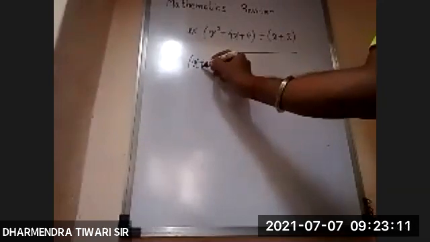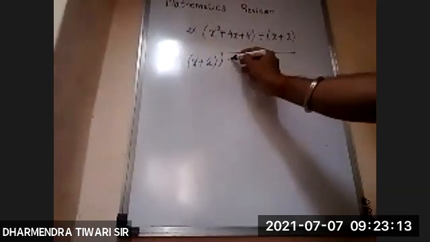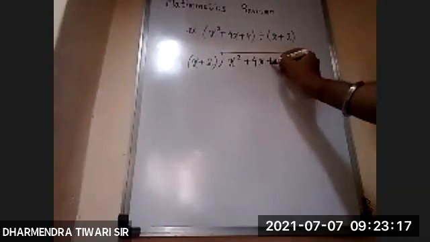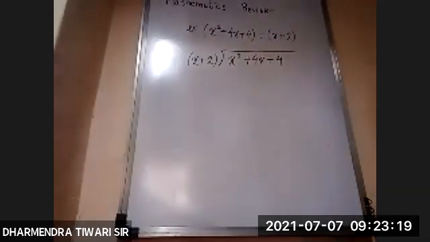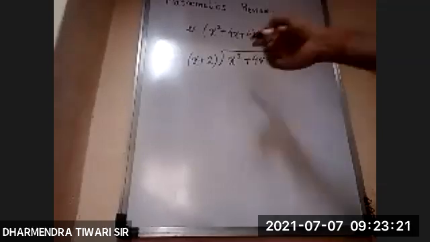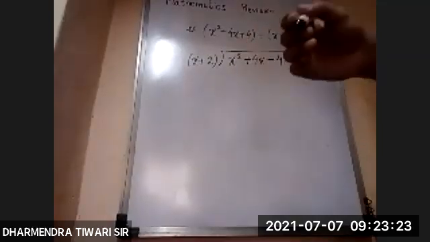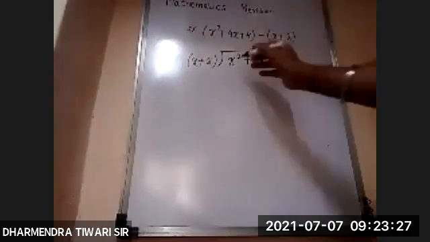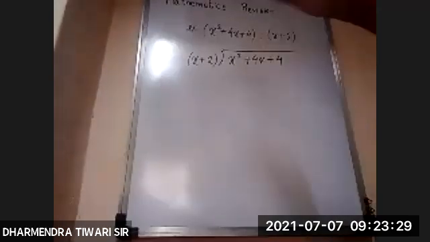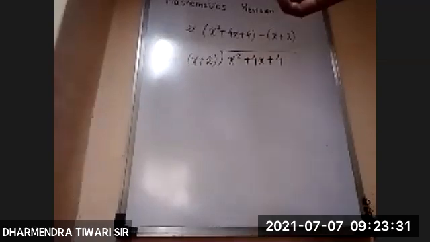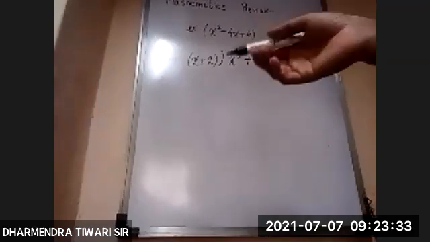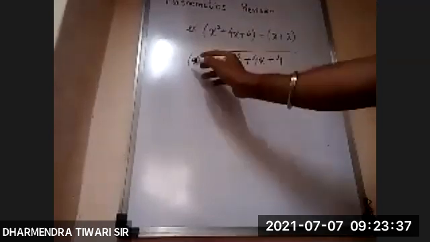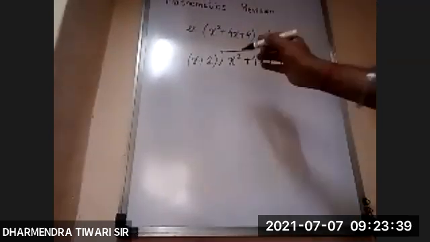Having x plus 2 and here x square plus 4x plus 4. What should be multiplied in order to get x square? Here we are having x. So you have to see only this term. Whatever adjustment you do, you should get the first term x square. So x should be multiplied.